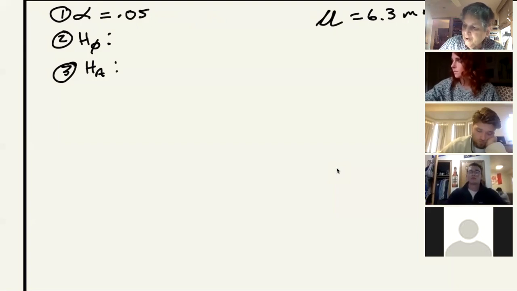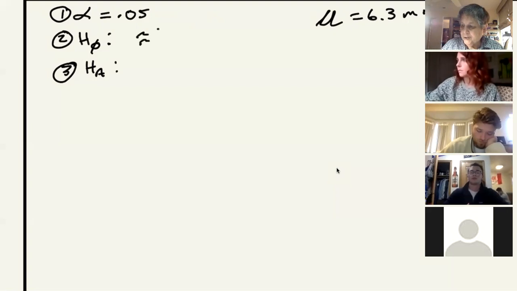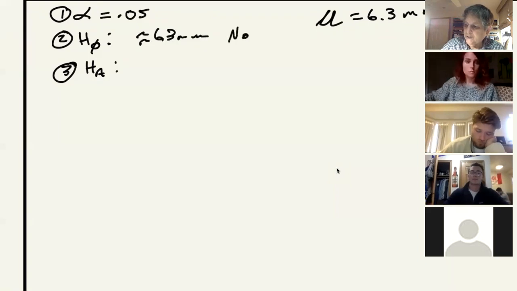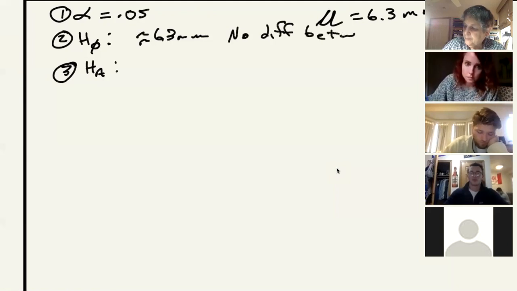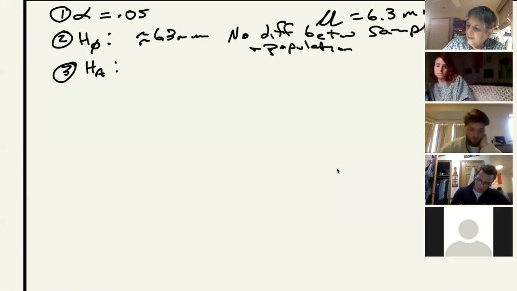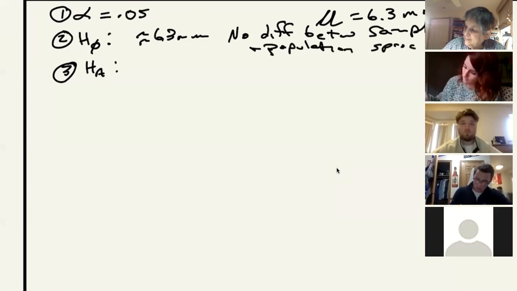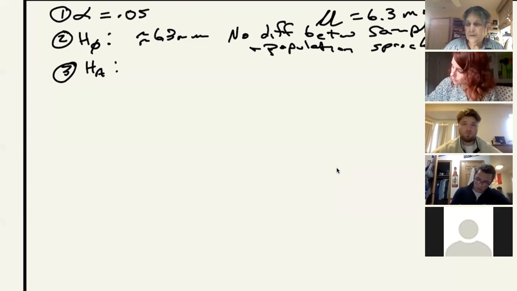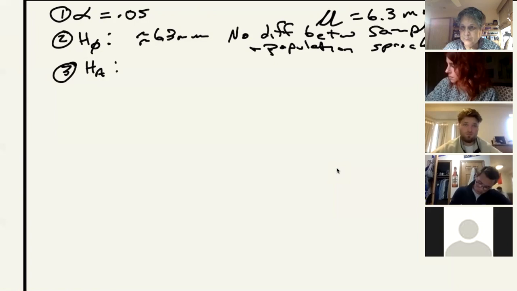One way to write this is that our sprockets will be close to 6.3 millimeters, but the better way is to say there's no significant difference between sample and population. Okay, no difference. Good enough to go run the machine. In this case, we like the null hypothesis.